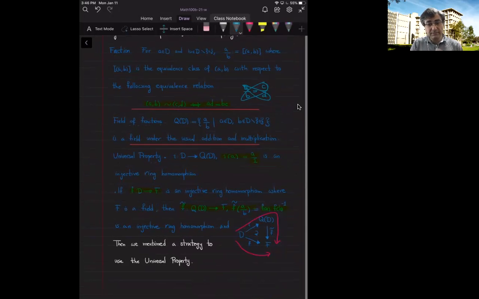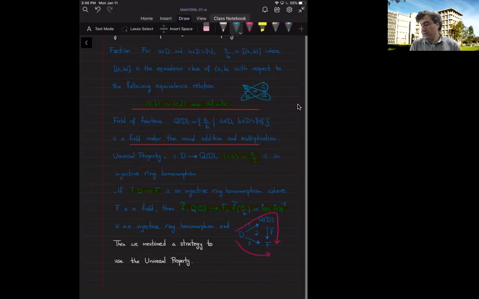Next, we showed that the field of fractions is the smallest field that has a copy of D in it. Meaning, if you give me a field F with a copy of D, then it also has a copy of the field of fractions of D.